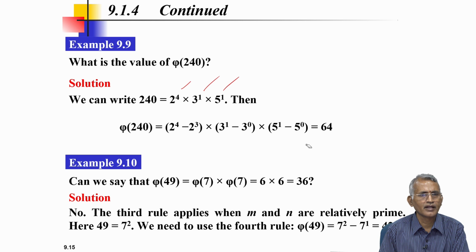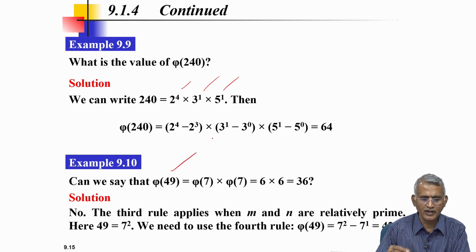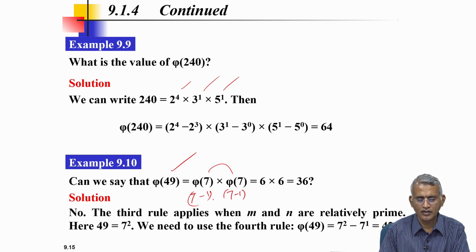Now, the next problem: phi of 49. One might say phi of 7 into phi of 7, which is 7 minus 1 into 7 minus 1, which is 6 into 6, equal to 36. No, the third rule applies only when m and n are relatively prime.